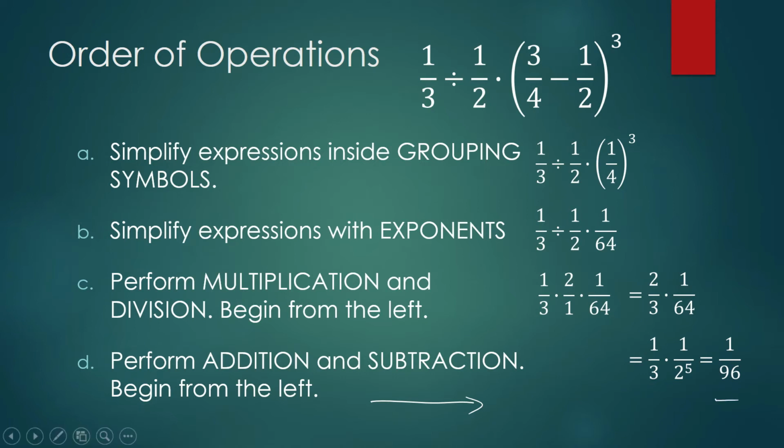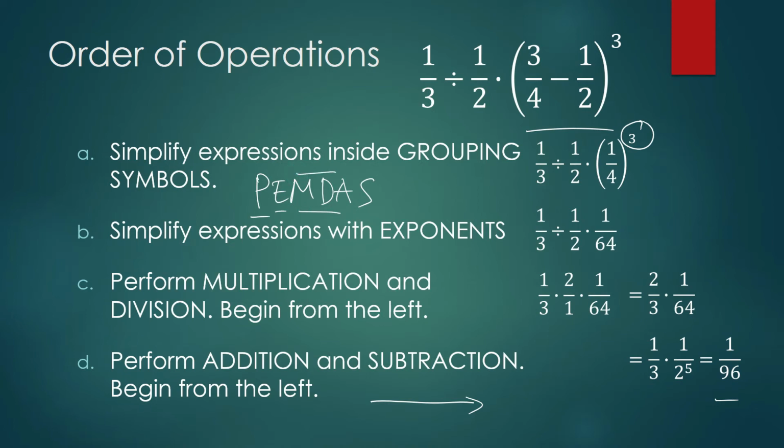We have an acronym for this method for the order of operations. We call that PEMDAS. P stands for grouping, the parentheses. That is what we use to group terms, to group expressions. And then E stands for exponentiation. M and D, okay, so M and D have the same weight.